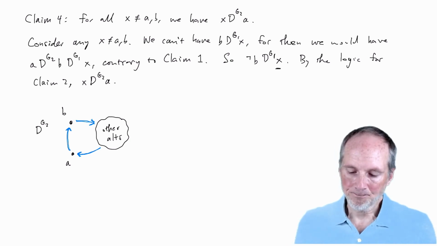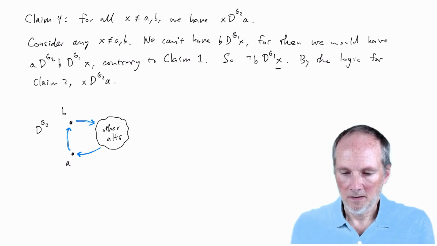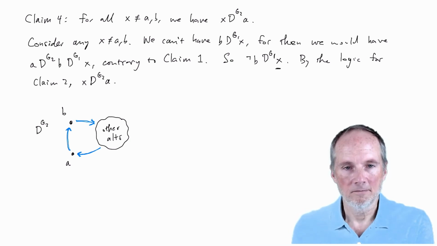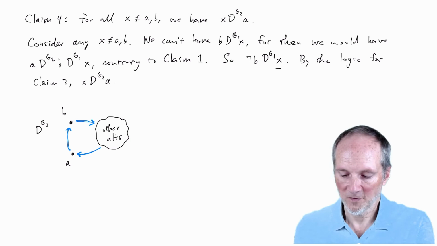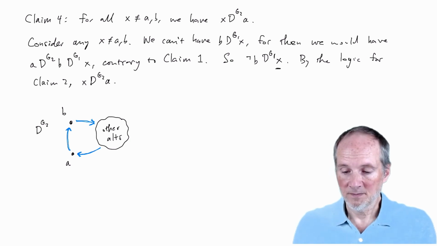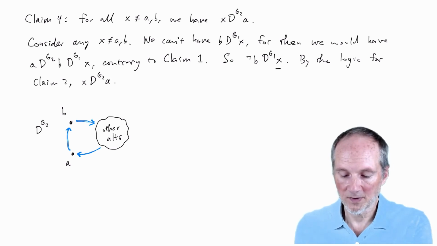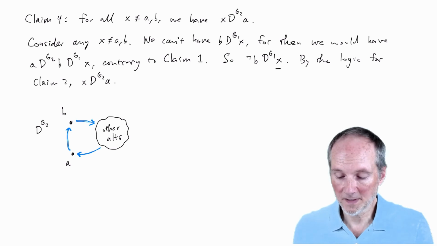Now what I want to do is think about G1. We haven't talked too much about G1 for a while. Remember, G1 is in a symmetric situation to G2. So anything I can prove for G1, I can prove for G2, and vice versa.